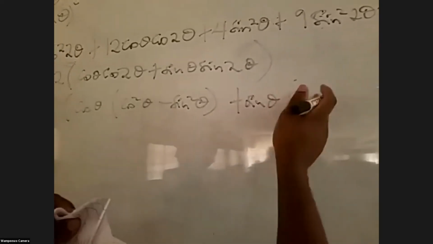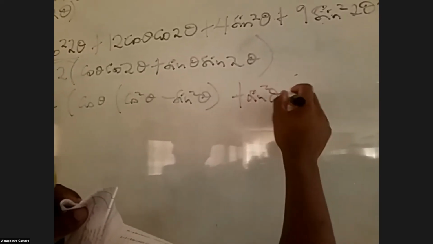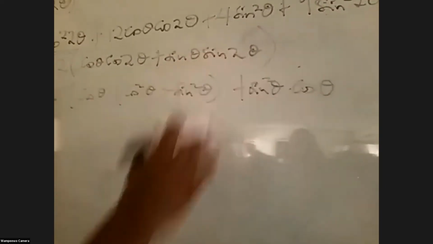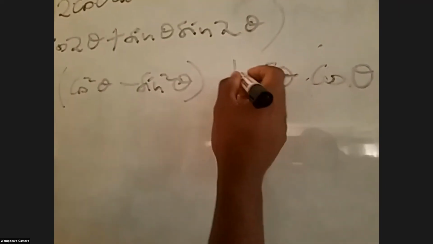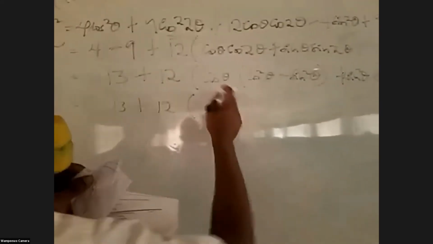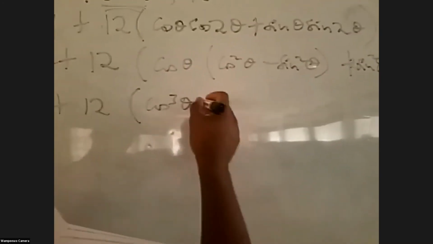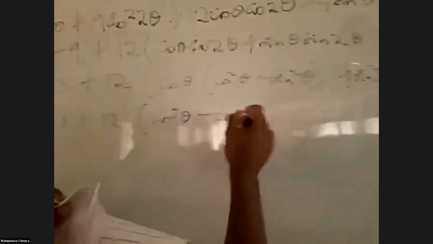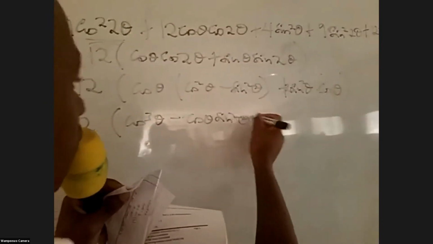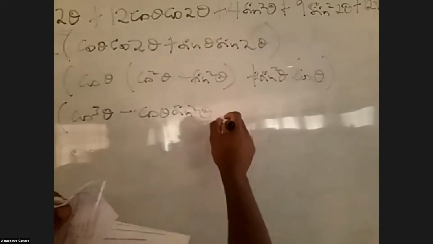Remember the double angle of sine is 2 sine theta cos theta. So here I'll have 13 plus 12 into cos cubed theta, opening the brackets, minus cos theta sine squared theta plus 2 sine squared theta cos theta.